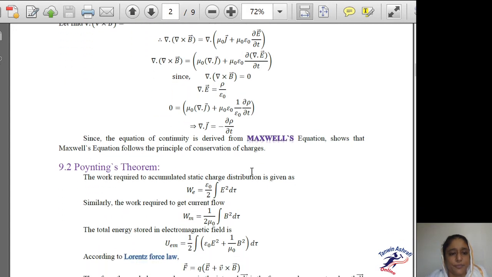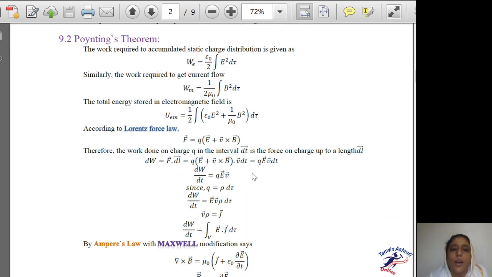Poynting theorem. The work done to assemble a static charge distribution in electrostatics is W equal to epsilon naught by 2 integration E squared d tau. Similarly, the work required to establish current flow in magnetostatics is Wm equal to 1 upon 2 mu naught integration B squared d tau.